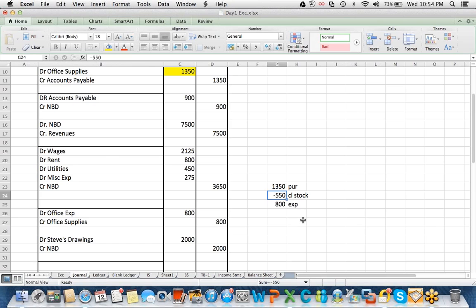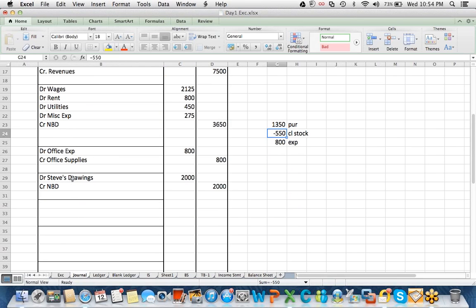Sometimes the partners or the owners might take some amount for their personal expenses, which is not a business expense. They are eligible to take because they spend money for the company purpose and the money is blocked, but at the same time, there should be a record for that.